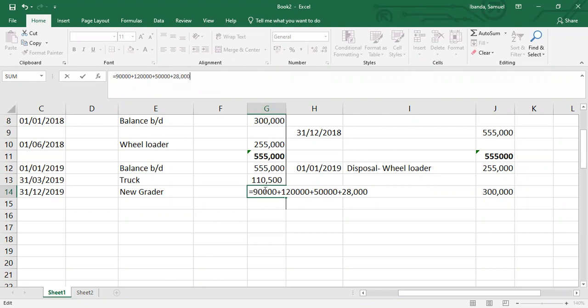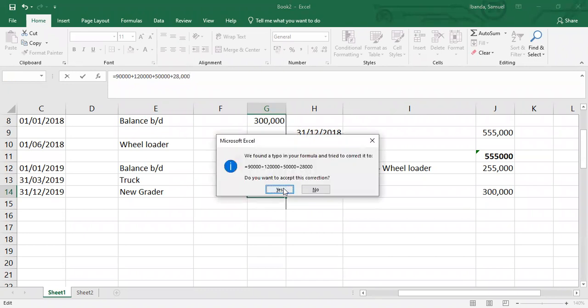So that is why you see this 90 million that we've created on the disposal account. Its corresponding double entry is this 90 million that is composed with this new value of the grader, okay?